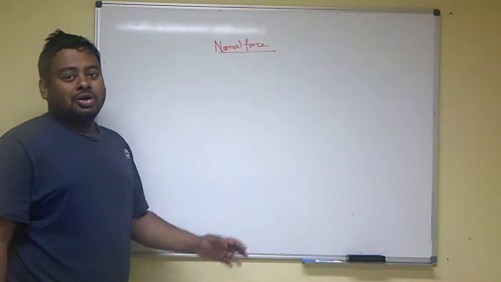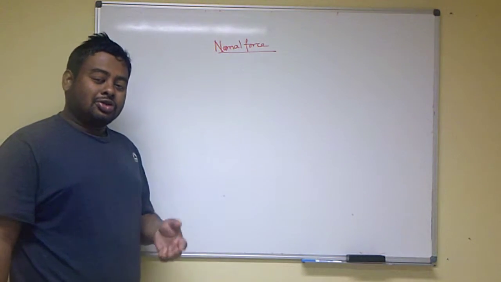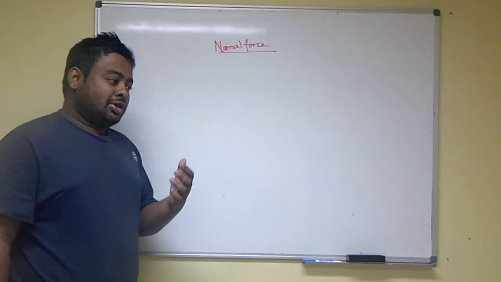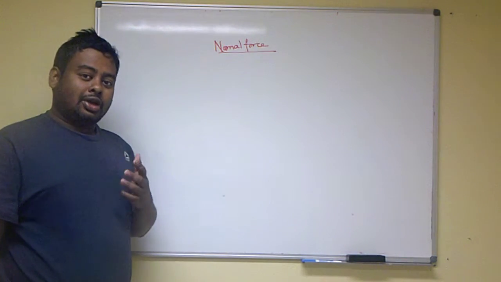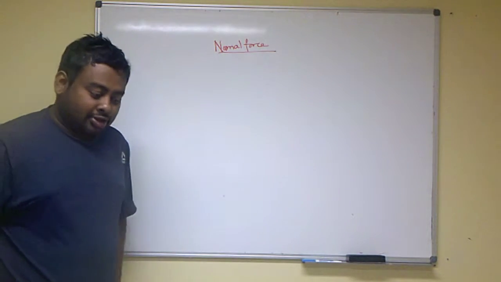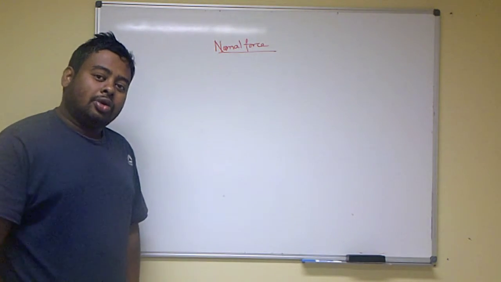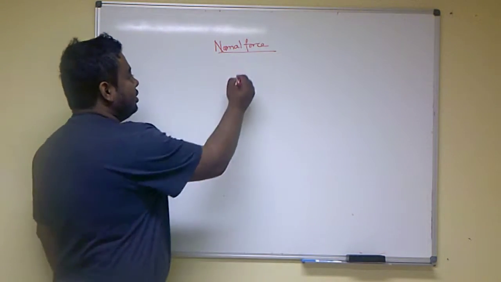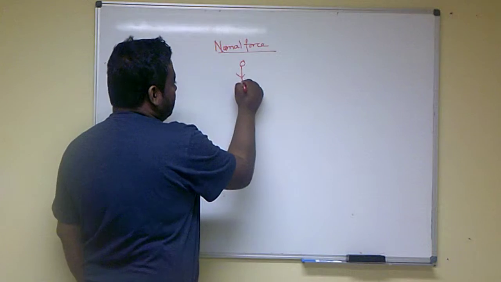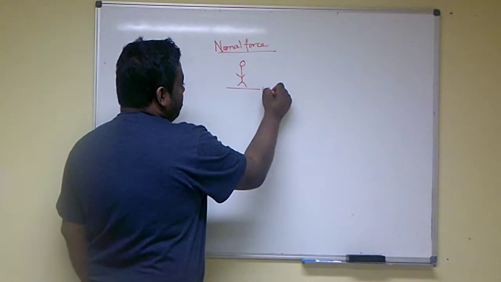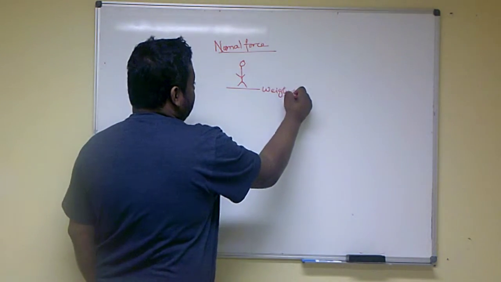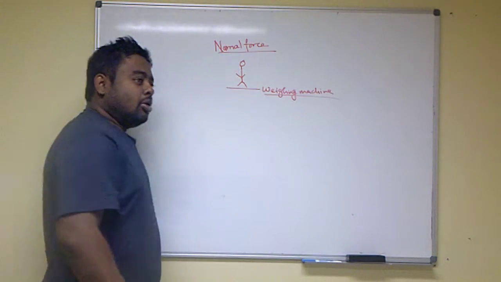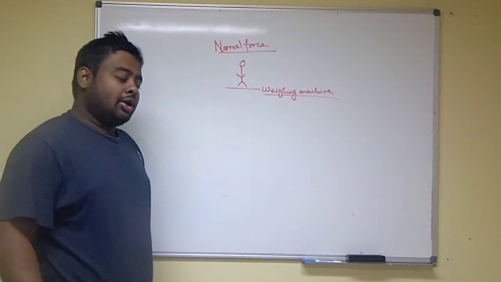But there are other forces in nature where you can attach tangible quantities of interest to them, such as the normal force, right? And some other forces which we will be discussing today. What is normal force? Normal force is, for example, if you are standing on a weighing machine, and it tells you how much weight you carry, right?